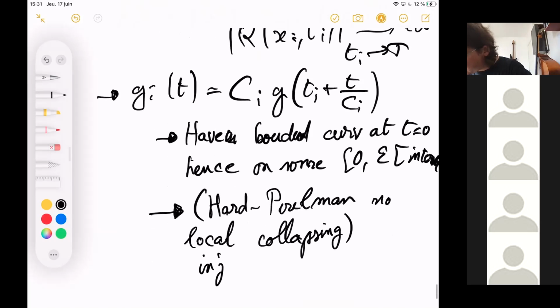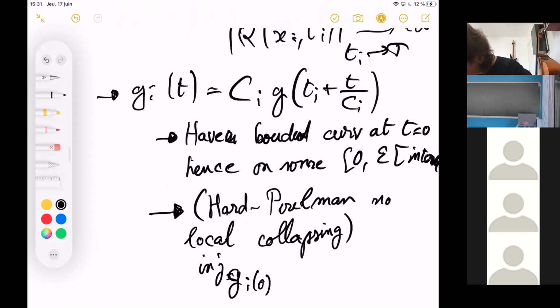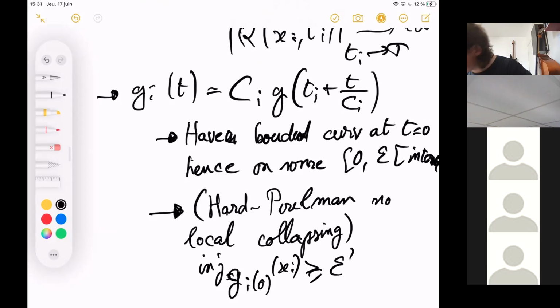So that will tell you that the injectivity radius at x_i for the metric g_i(0) is bigger than some epsilon prime, let's say.